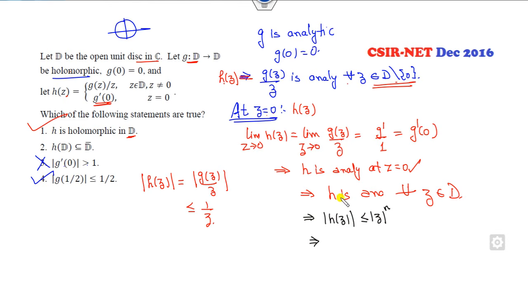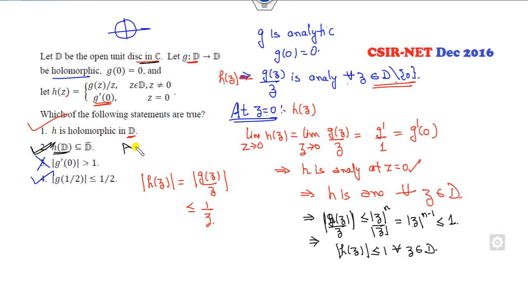This is my target, so I can say |g(z)/z| is less than or equal to this. This value is on the unit open disk, it should be less than or equal to 1. So what does it mean? |h(z)| is less than or equal to 1 for all z in the domain. So this option is satisfied. The right answers are A and B.